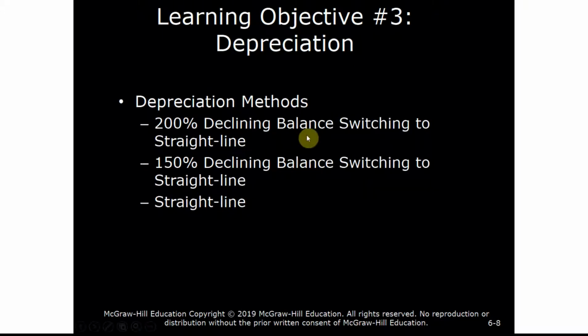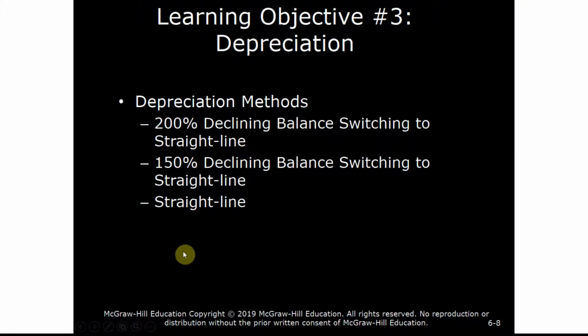When we do accelerate depreciation for those assets that are 5-year, 7-year, and 10-year, for example, we use double declining balance or 200% of straight line. And then in some instances we use 150% or 1.5 times straight line. Or the taxpayer has the option of depreciating on a straight line basis.